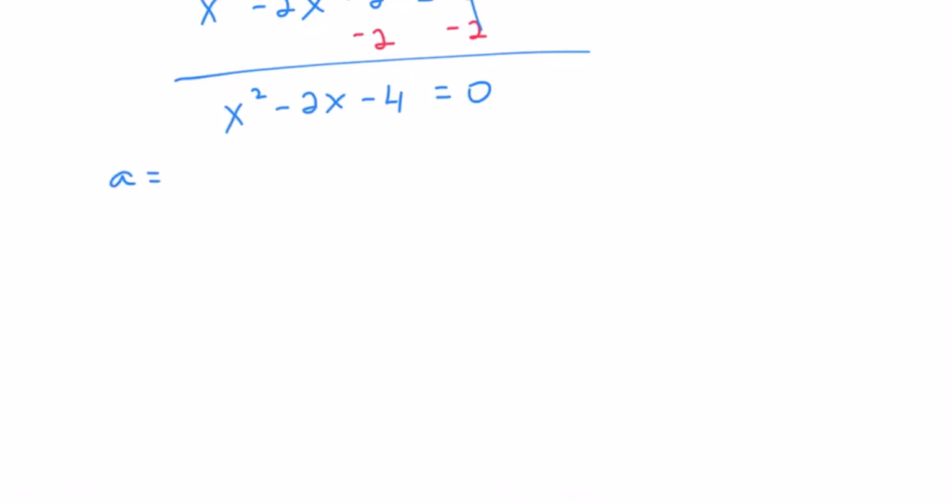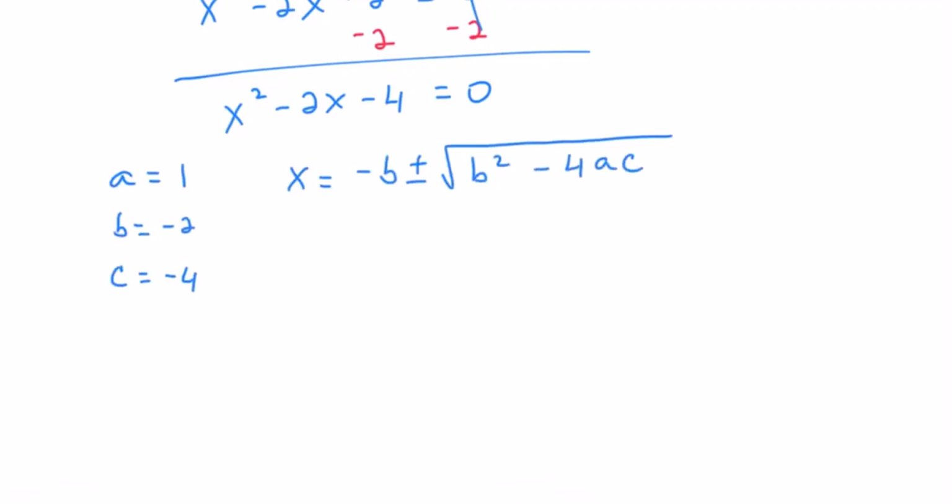So we have a is 1, b is negative 2, and c is negative 4. So x is negative b plus or minus the square root of b squared minus 4 times a times c, all over 2a. Plug them in.